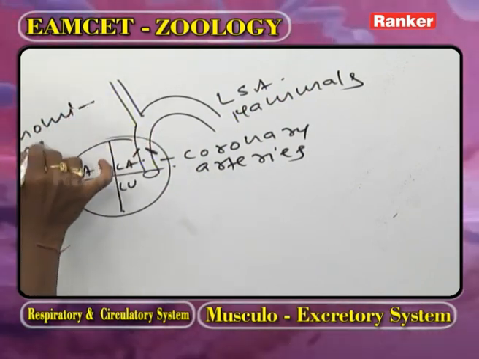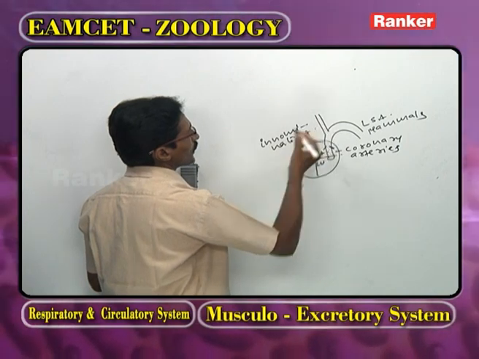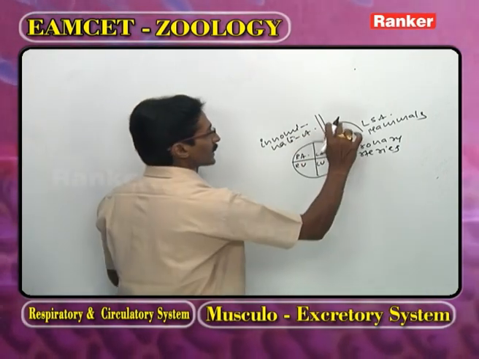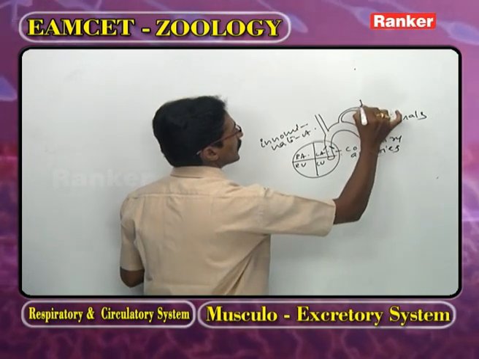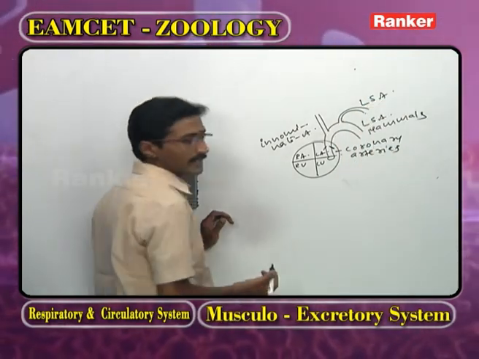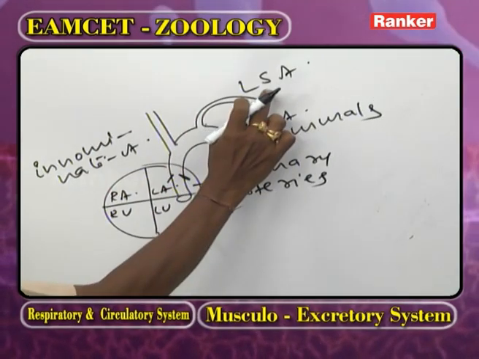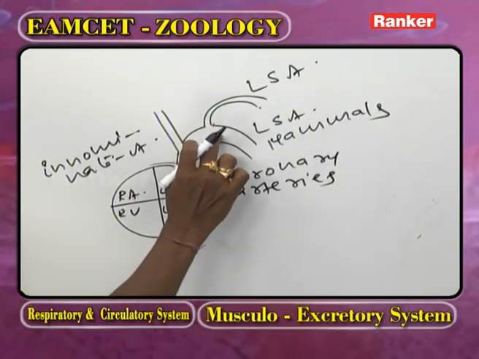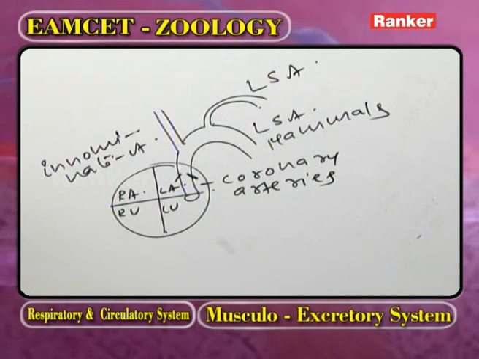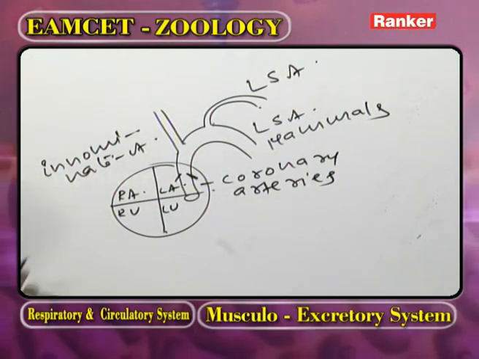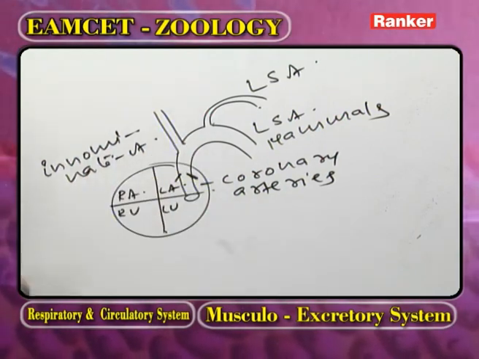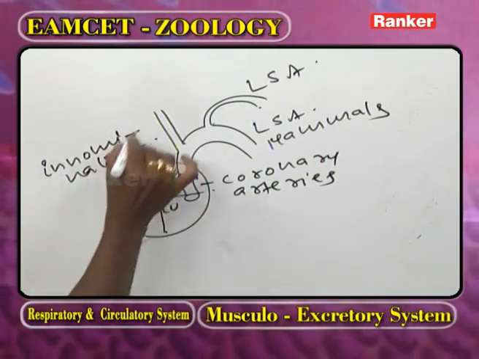And this is left subclavian artery. Now you observe, left subclavian artery arises from left systemic arch. Coronary arteries arise from left systemic arch. Innominate artery arises from left systemic arch.